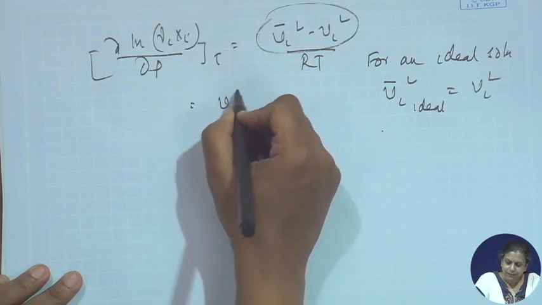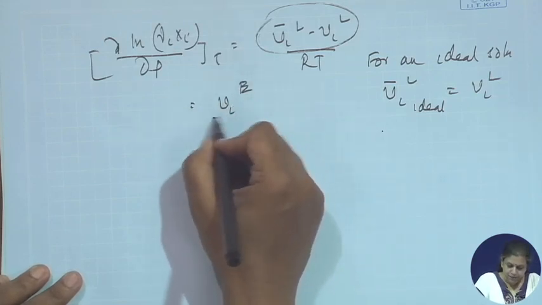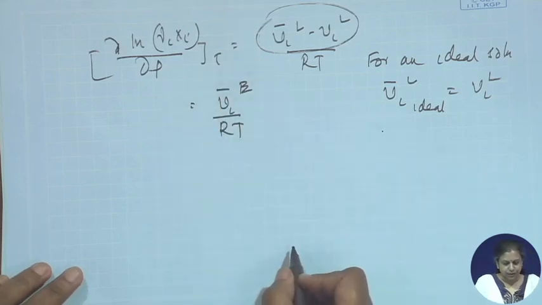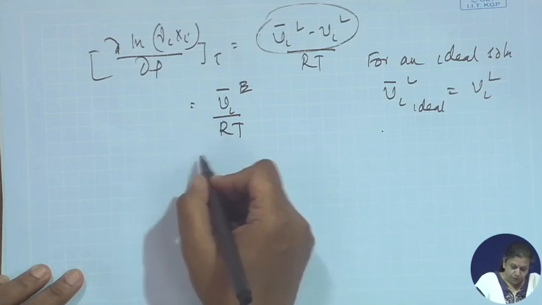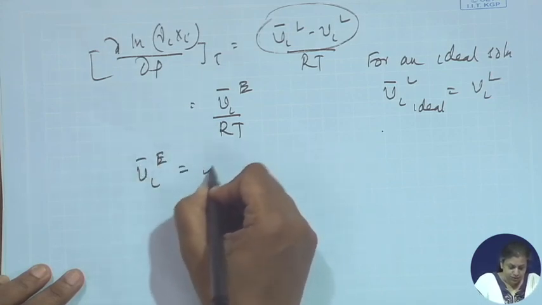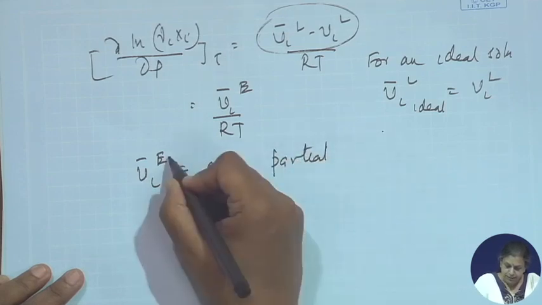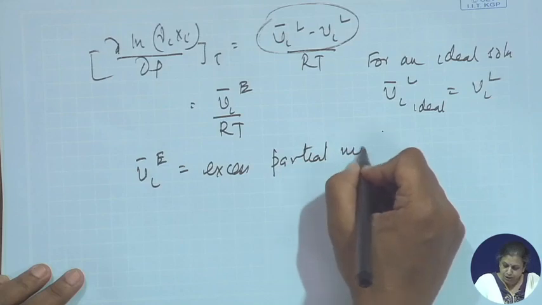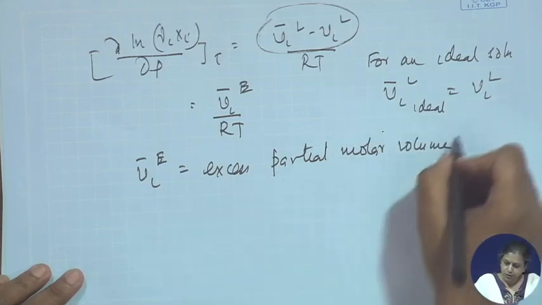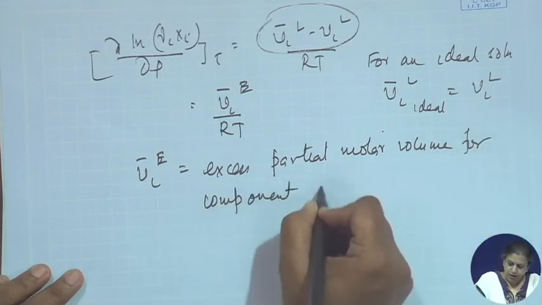So what is it then? This is nothing but Vi bar excess by RT, agreed. What is this Vi bar E, the partial molar excess volume for component i?